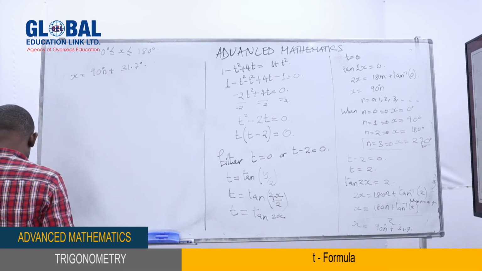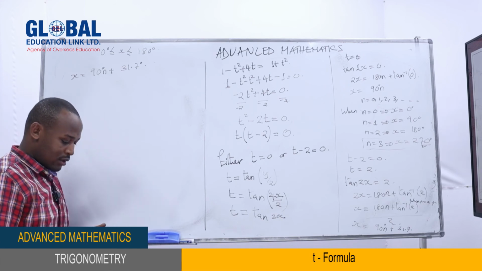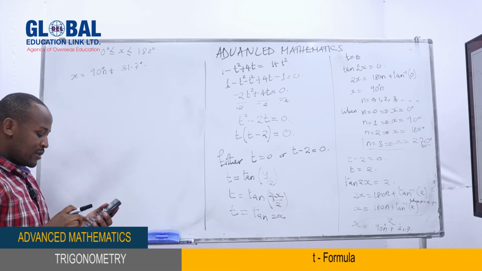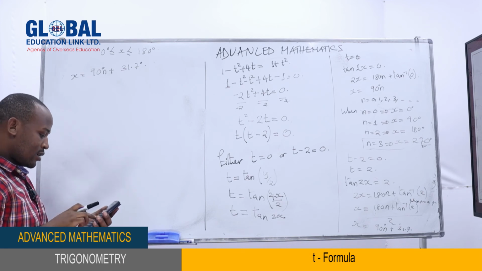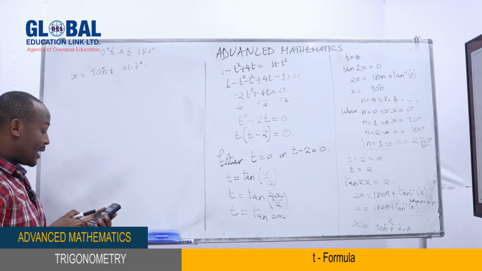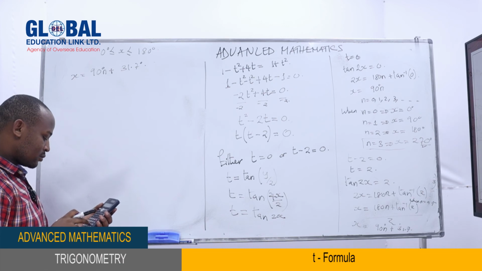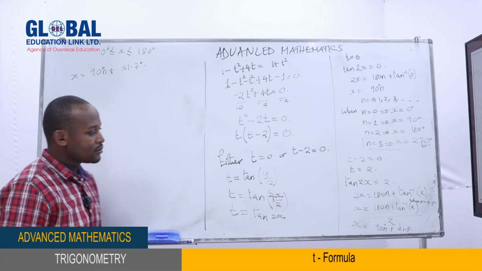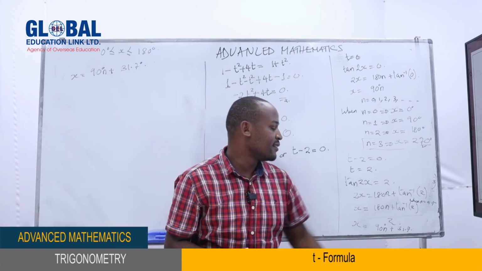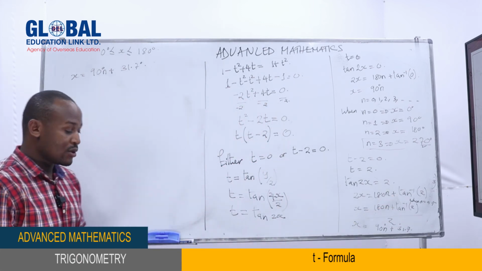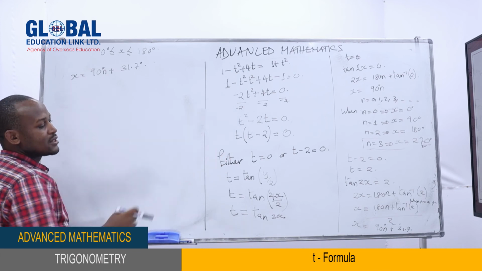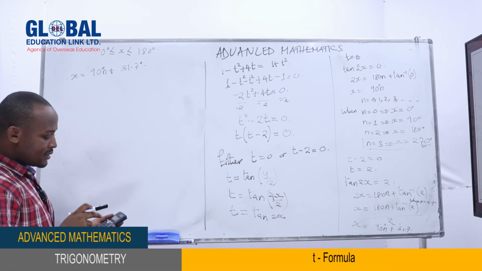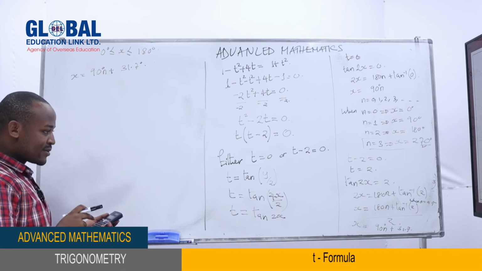You can make good use of your calculator. And how do you write that? It will be 90, then alpha, x, then plus 31.7, or sometimes you can use that tan inverse so that you don't miss those decimal points. So let's use those decimal points too.